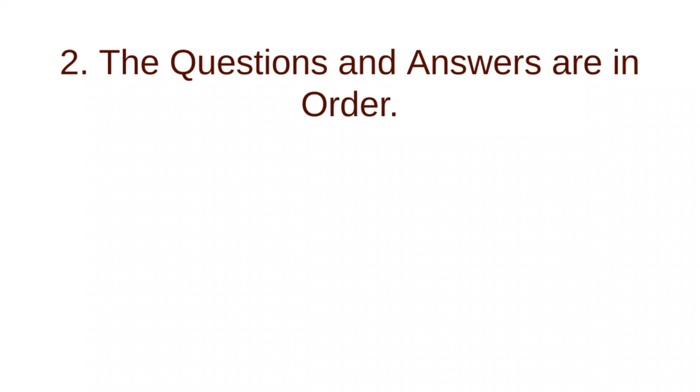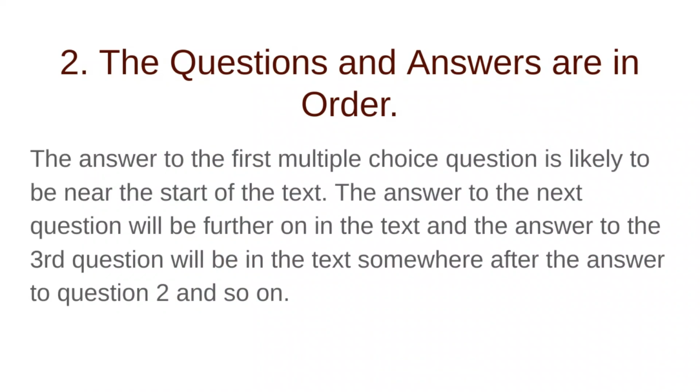The questions and answers are in order. The answer to the first multiple choice question is likely to be near the start of the text. The answer to the next question will be further on in the text, and the answer to the third question will be in the text somewhere after the answer to question 2, and so on.